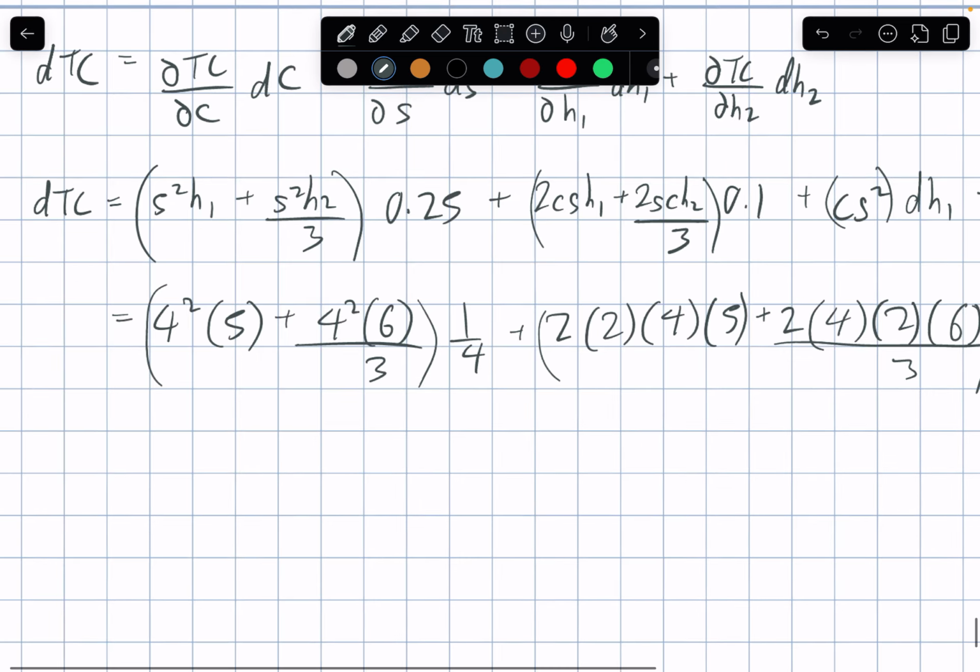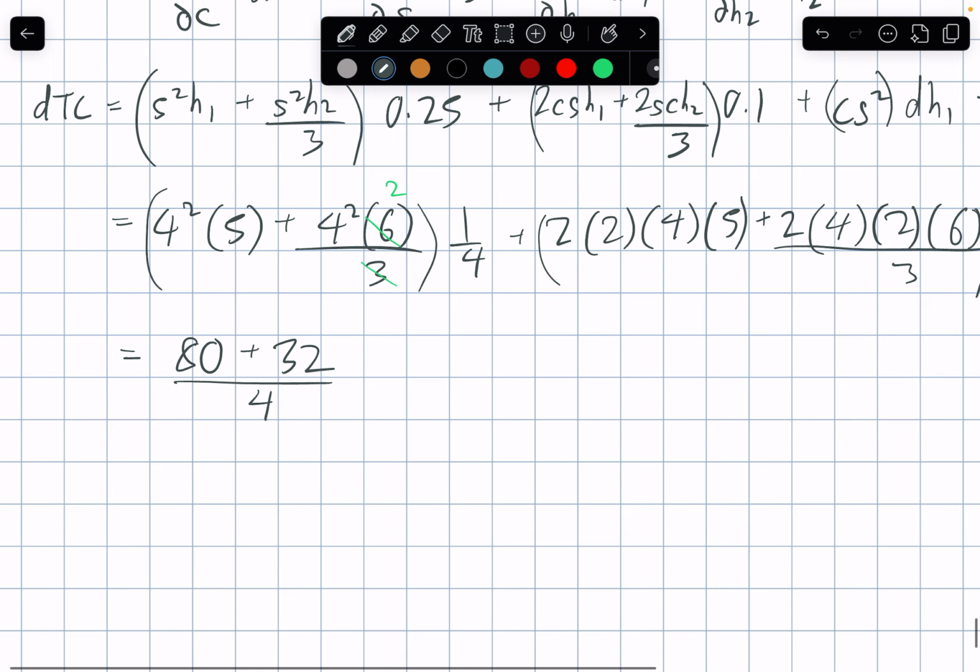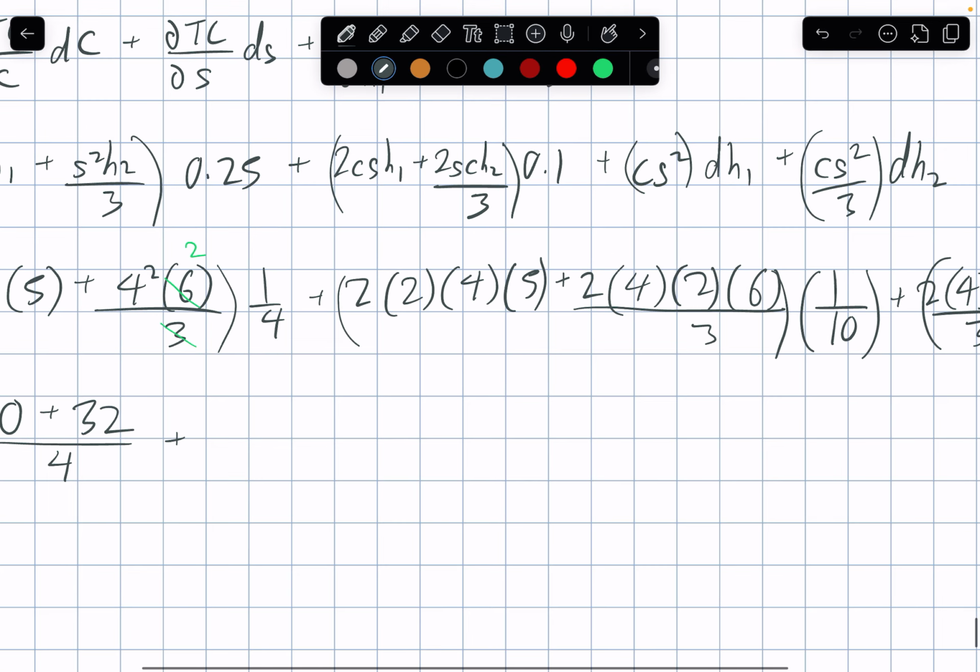Okay, so further simplify. 16 times 5 is 80. 16 times 2, 32 over 4. Plus, oh man, 24 times 4, 80, 96.